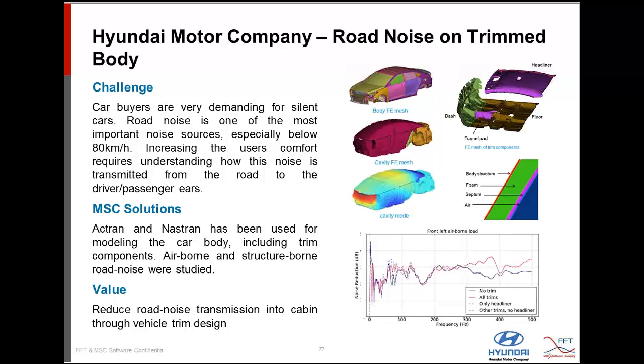In this case of Hyundai Motor Company, the road noise has been evaluated inside the cabin by coupling Actran and Actran, including trim components, and the airborne and the structure-borne noise were studied.